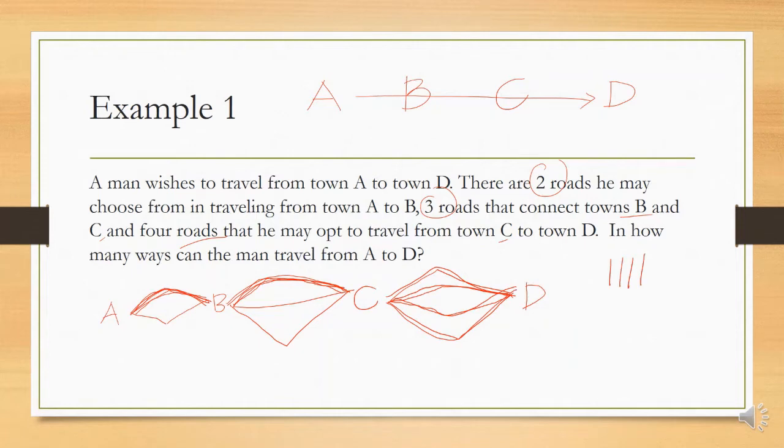Pero, kung titignan ninyo, pwede kasing dito dumaan siya muna, di ba? Instead of yung unang route natin, dito tayo dumaan, dito ulit, dito ulit. So, that is another counting. So, another one, and then doon ulit.